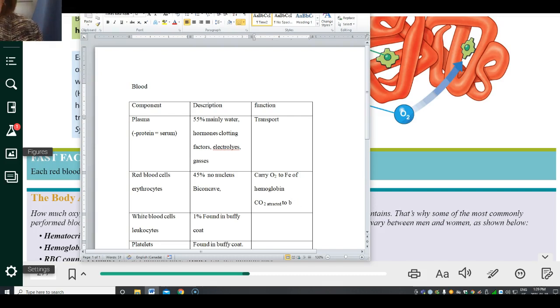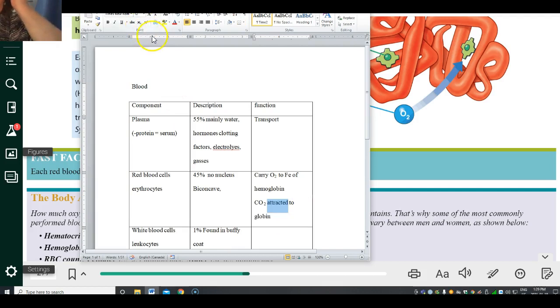So, yes, both are carried by the hemoglobin, but hemoglobin is specifically for oxygen, and the carbon dioxide just kind of tags along. Very important for oxygen carrying.